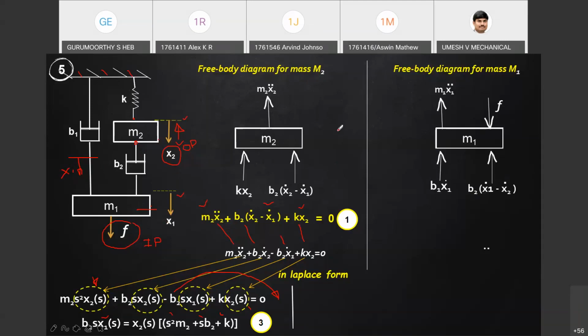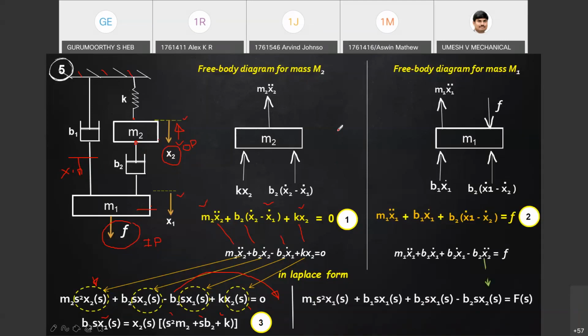So next is very simple. I don't want to spend time on that. Taking the Laplace transform, x1, x1, x1 on one side.